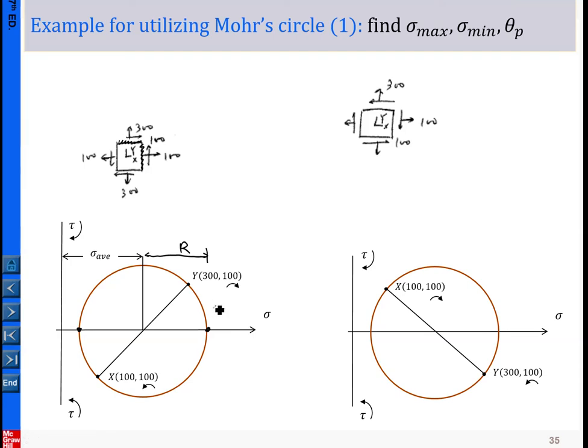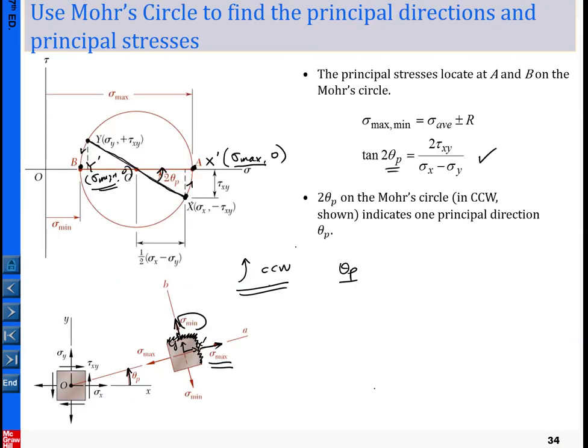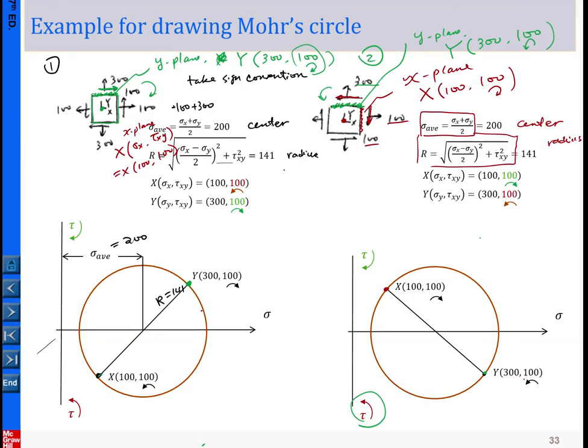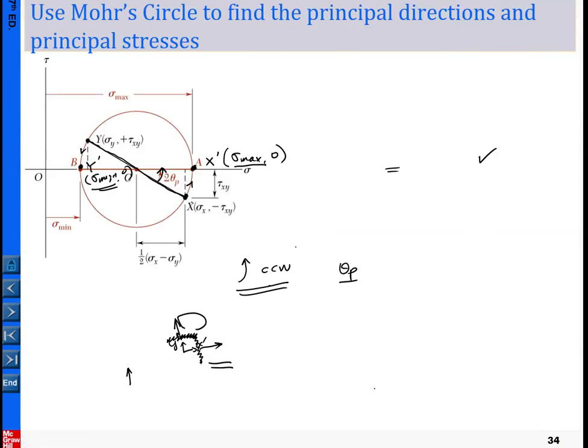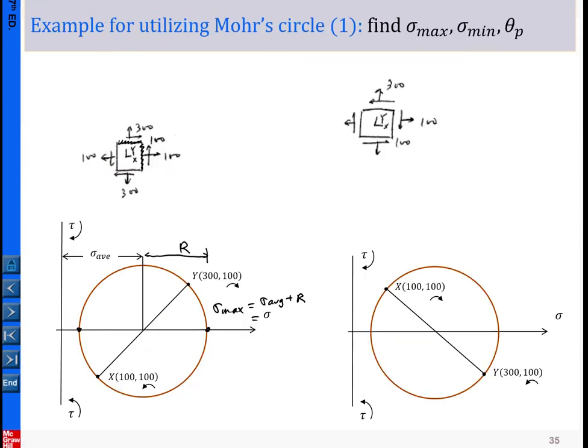So the maximum is simply equal to the average plus r. And what is the average? Oh, I forgot those numbers. We can look at this one from previously. The average is 200, the radius is 141. Let me pick up that number here. So that is 200 plus 141, so this is 341. Okay, and what is the minimum?